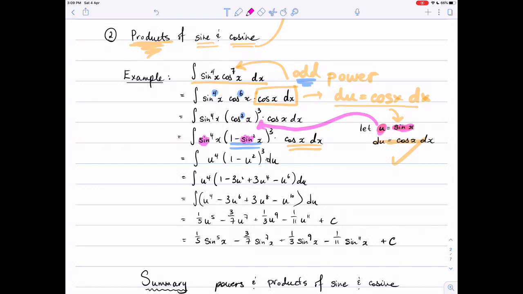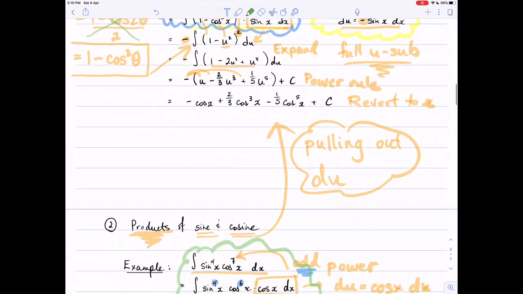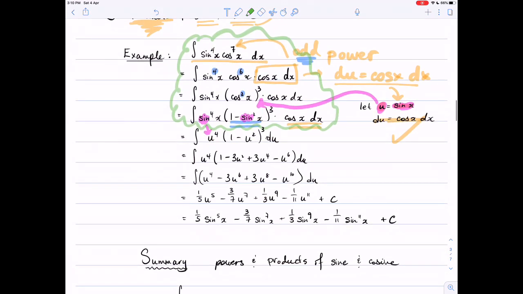Once you've identified the du and used the correct identities, everything past here is just a u sub. So this part in green, just like that part in blue up there, is the trigonometric part, and then the rest of it is all just u substitution.